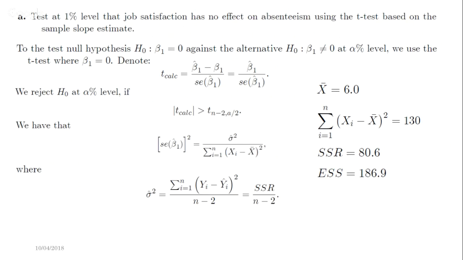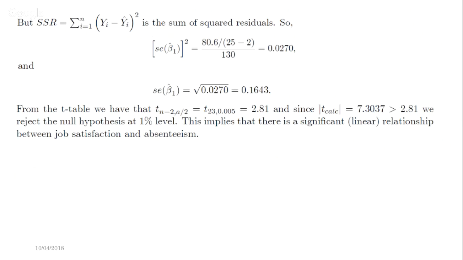SSR is 18.6, so we put 18.6 over 23, divided by 130. The standard error squared of beta 1 hat is that value. We want the standard error, not the square, so we take the square root. We get 0.164. That's the standard error for beta 1 hat.